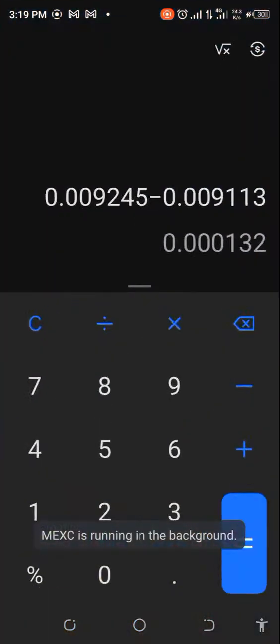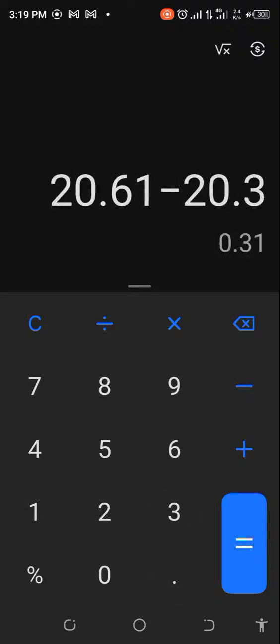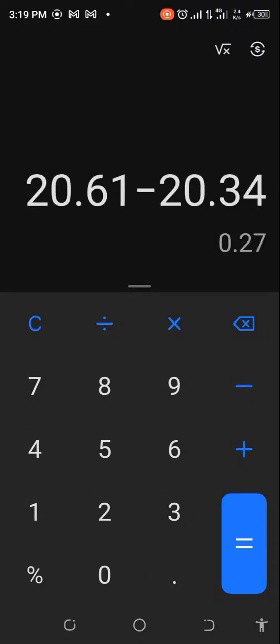So our profit margin is 20.61 minus 20.34. That's what. So we had 27 cents. So what would we call this particular percentage? Let's go back to our 20 point. What we actually used, let's just use the same 3-4, right?